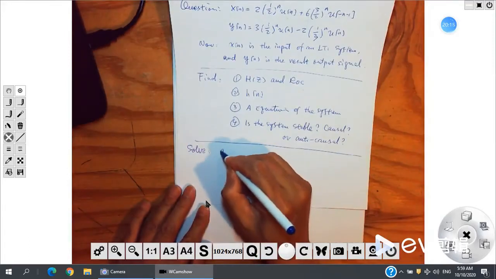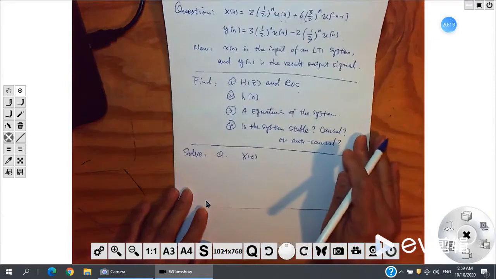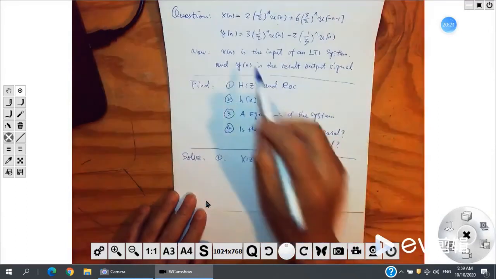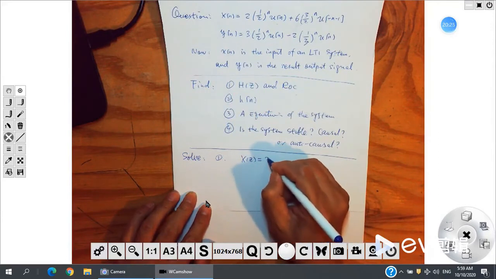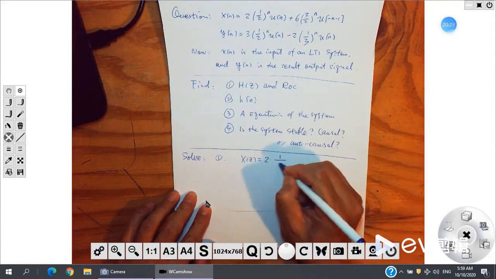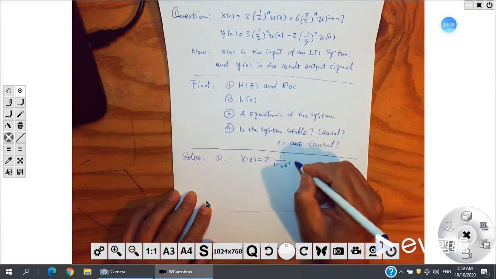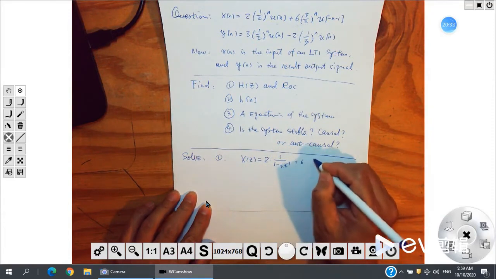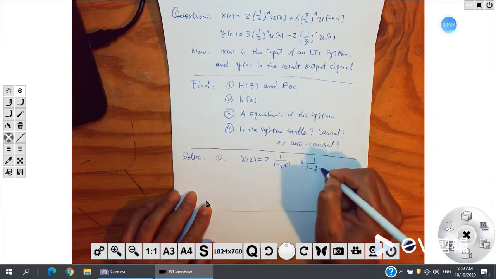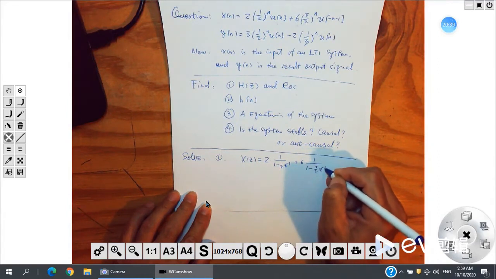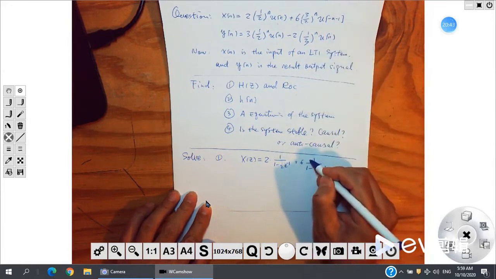The first one. What is X of z firstly, right? It will be 2 times 1 over 1 minus half z to negative 1, and plus 6 times 1 over 1 minus 3 over 2 z to negative 1. This is a u of negative n minus 1, so here I need a negative here.